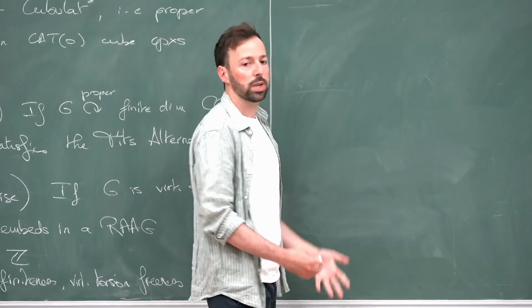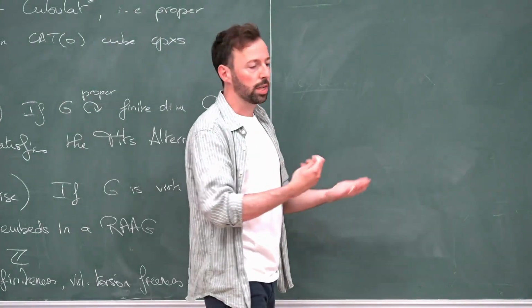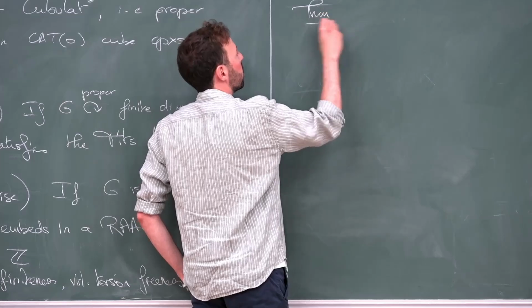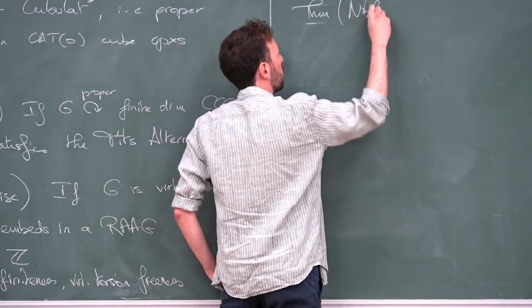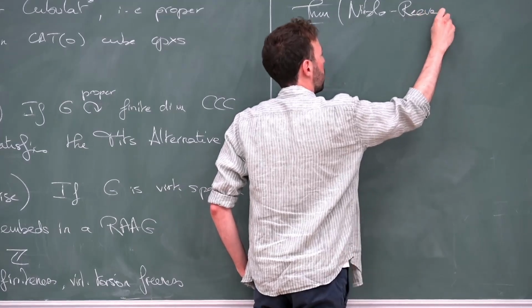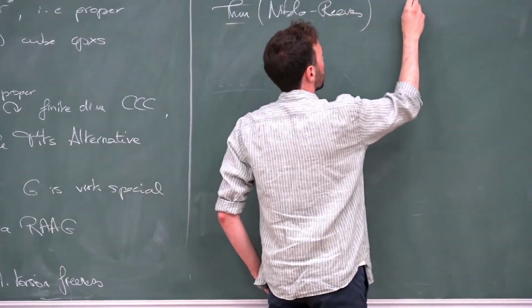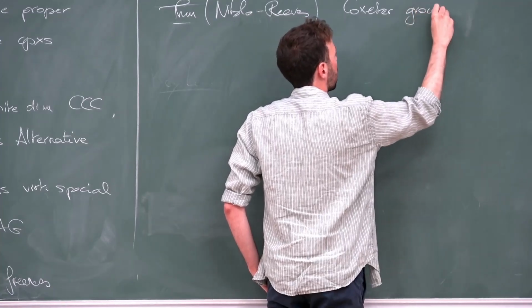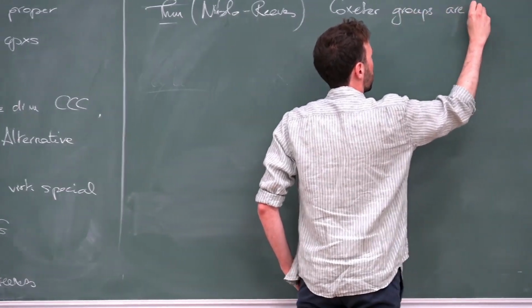I mentioned that we expect Artin groups to be as nice as Coxeter groups. So what is known for Coxeter groups? There was a result of Niblo and Reeves that Coxeter groups are properly cubulated.